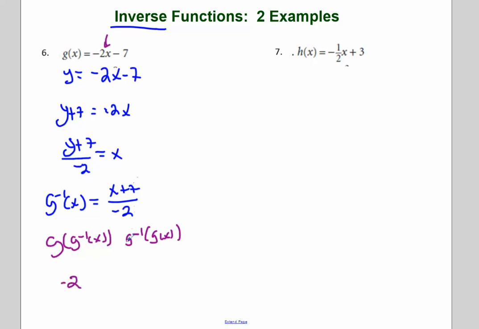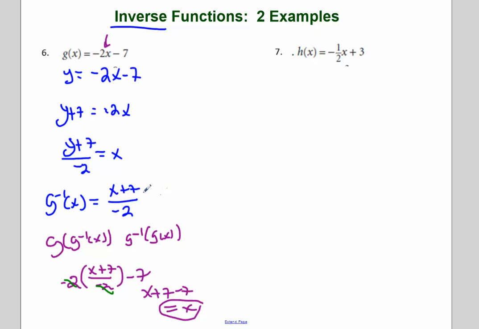I wrote this fraction on purpose because I'm a little bit on the lazy side. Of course these cancel out. That's why I did it. And now I just have x plus 7 minus 7 is equal to x. When you get back to x, you basically undid everything. You went back to its basic term, and you have yourself an inverse.